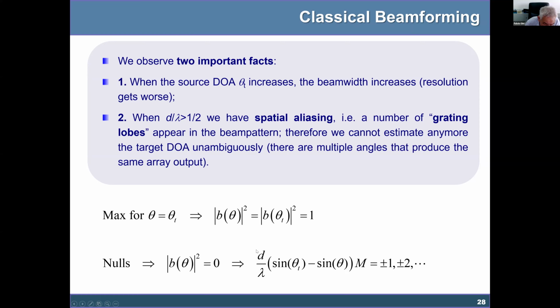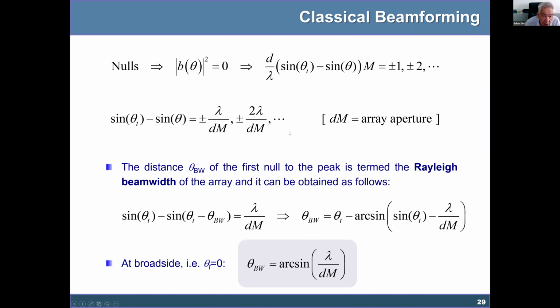So we set the argument of the sinc function at the numerator equal to an integer. From this relationship, for each theta t, we find the values of theta for which we have the nulls. Now, d times m, remember, is the array aperture.